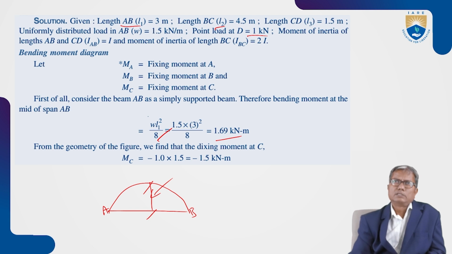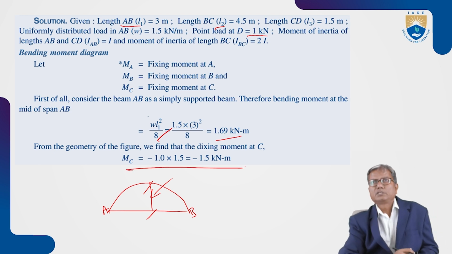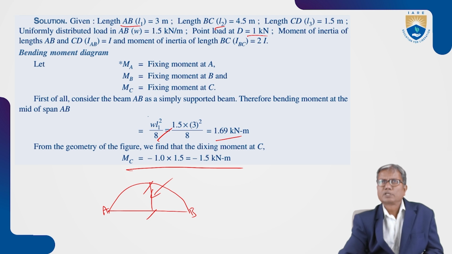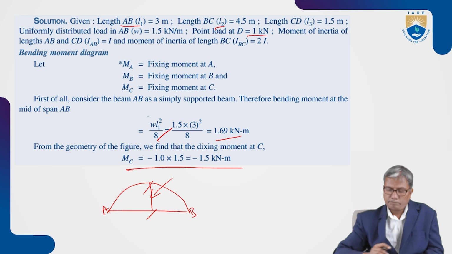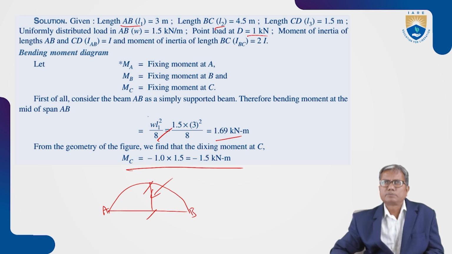Also, the moment at C is 1 into 1.5, that is negative, because it is hogging in nature. Bending moment at C is 1.5 kilonewton meters. As I told you, this remains constant unless the load on CD changes, irrespective of the load on AB and BC. Just like a simple support, where the bending moment remains same irrespective of the load, isn't it?